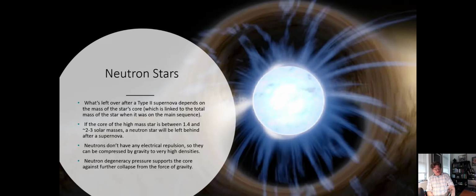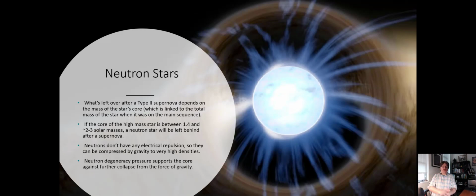Something else, so at this point, I haven't really talked about magnetic fields. There are latent magnetic fields all within the universe, and these magnetic fields get trapped into stars, and magnetic fields also get generated by stars. And then what we find is, as the star gets smaller, the magnetic field intensity gets larger.